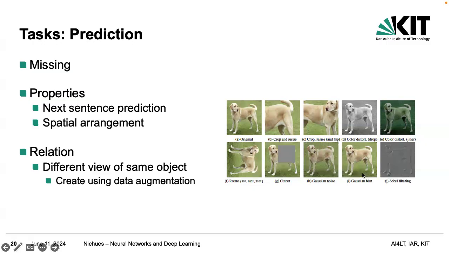Then you can give a model two of these images and ask whether they are from the same image, or from some other image. The other task would be you give it a dog and another dog, or a cat, and it says no, these are two different images, while these are from the same image. And again, you have to learn a decent understanding of the image in order to do this type of task, whether these two are related or not.